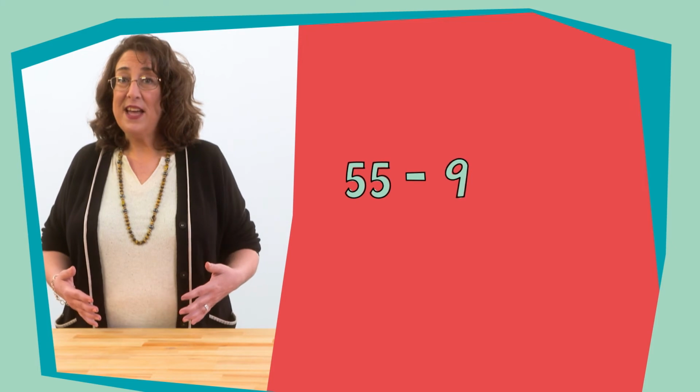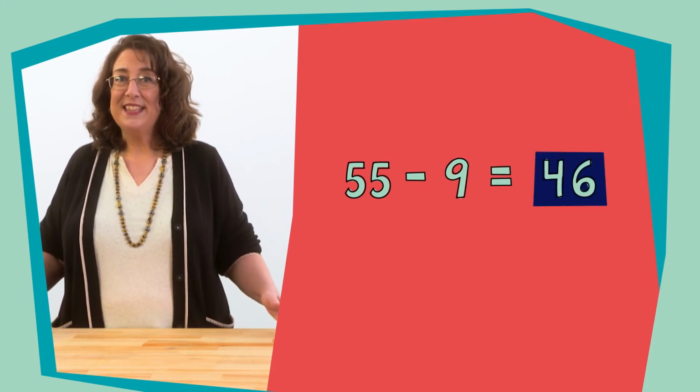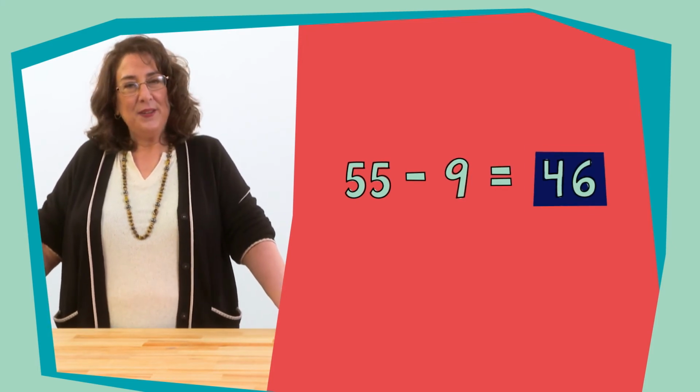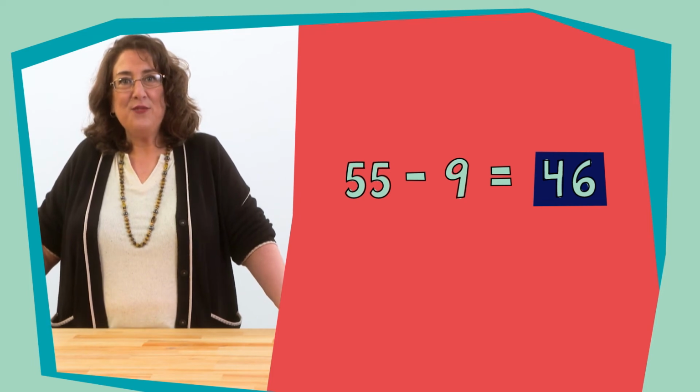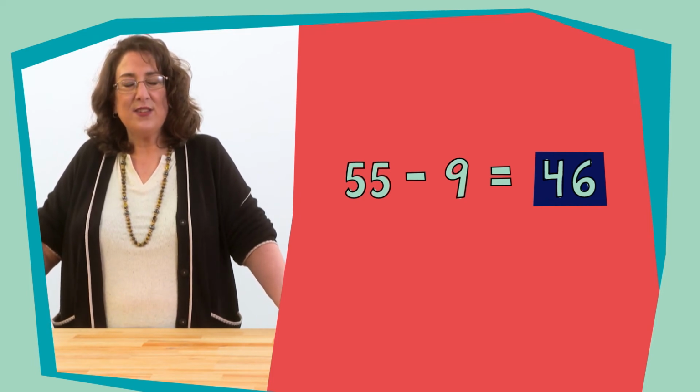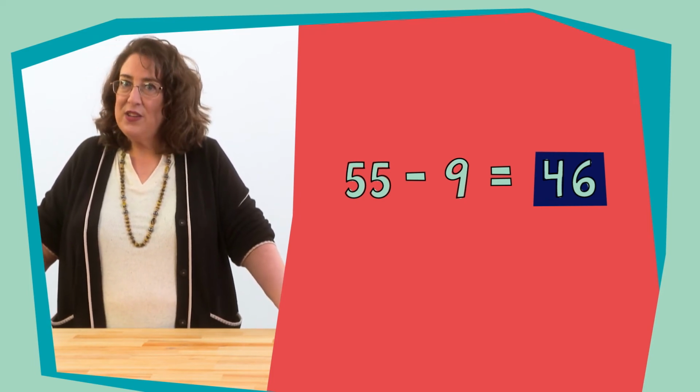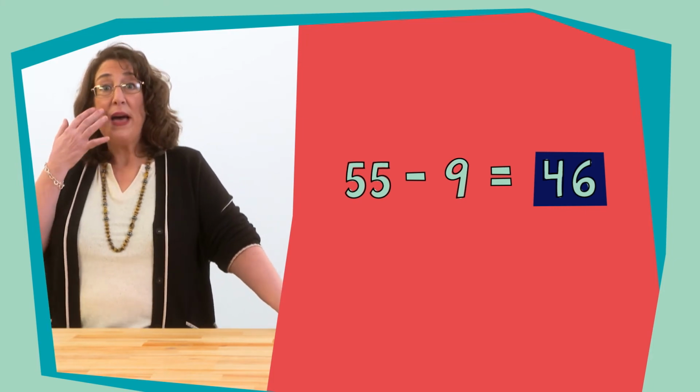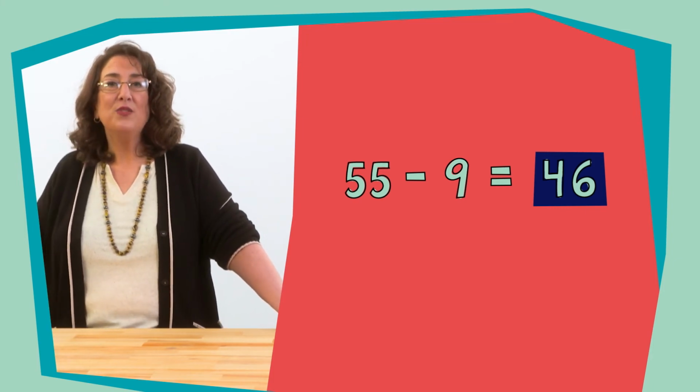That means that 55 minus 9 equals 46. Wow, that was an efficient way to find our answer. I love how you can think flexibly about numbers. We solved the word problem.